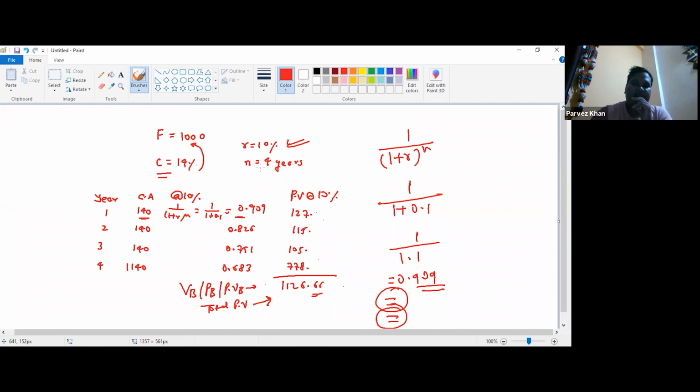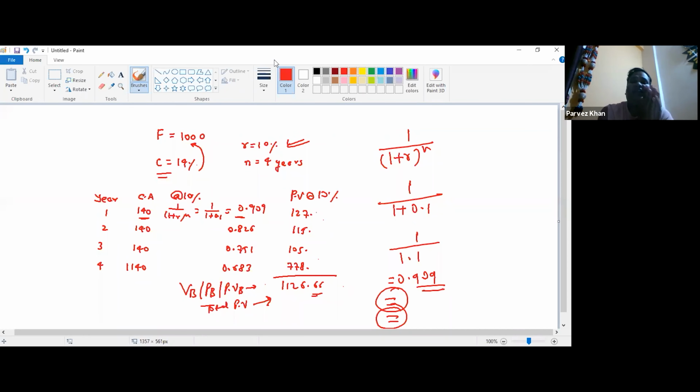Any questions? Okay, so write down one question, you try to solve it. Here the original value of the future means face value also. I have given in this question that the face value is 1000.